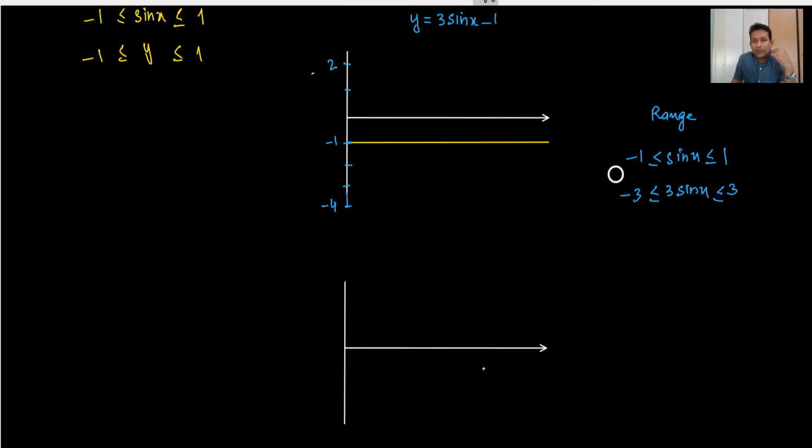Then -1 means 3 minus 1 is 2, and -3 minus 1 is -4. You can check, 2 and -4 is the range. You don't need to find the range every time; you can even do it like this. There's no problem. On the x-axis, I have to mark 4 points because the domain is till 360 degrees.